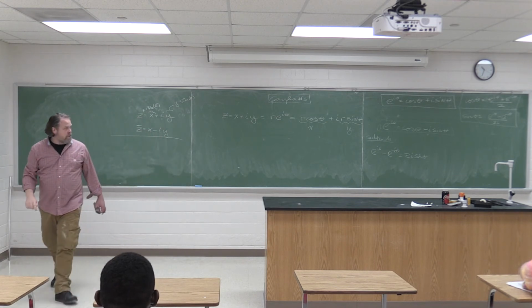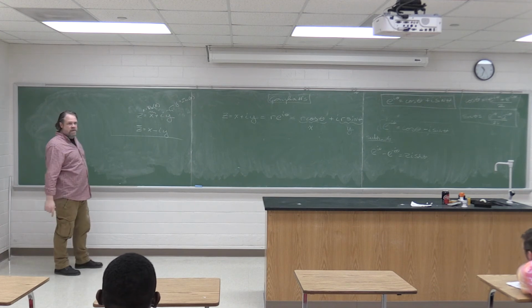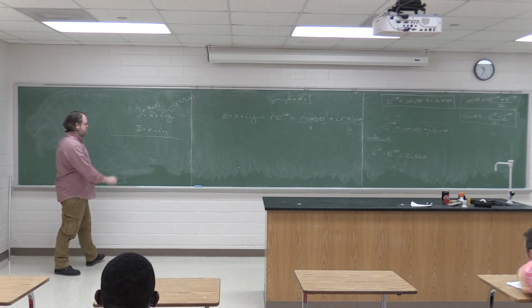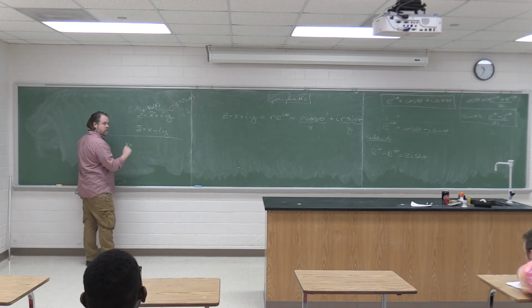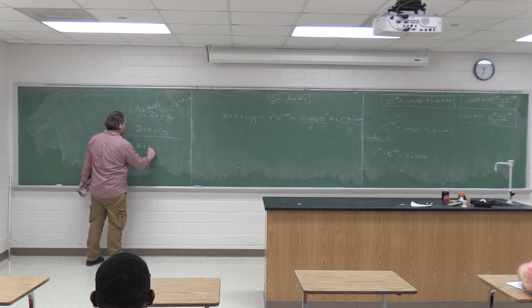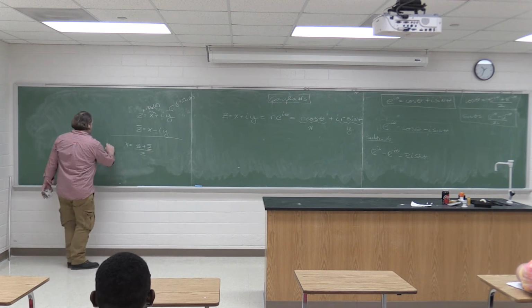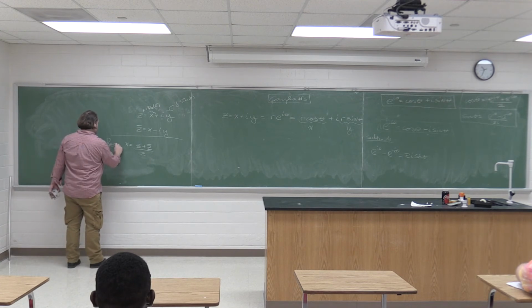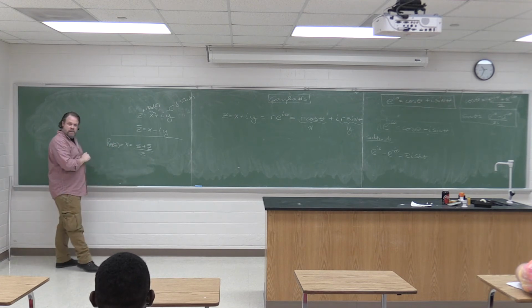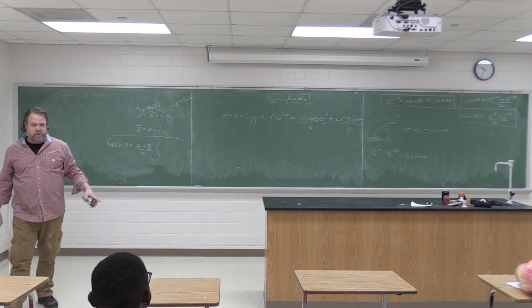Let's follow the same logic we did over there. How would you solve for x? So x would be Z plus Z bar divided by 2, which is the real part of Z. You see how this is including what we did over there for cos?